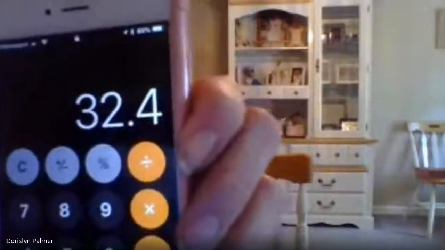You just multiply by 9%. 360 multiplied by 9%. You should get 32.4. Wait, I got 324. Wait, 360 times 0.9? 0.09, because it's 9%. Oh, okay. Yep, that's better. 32.4.